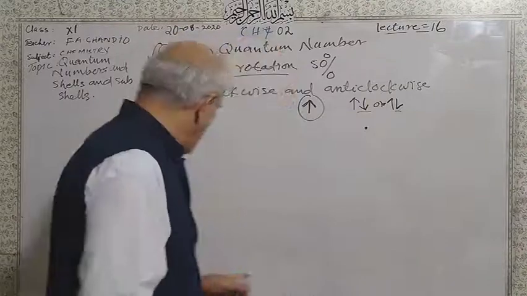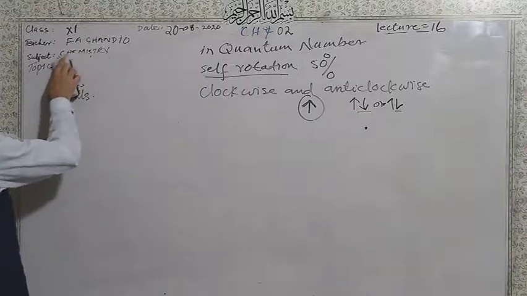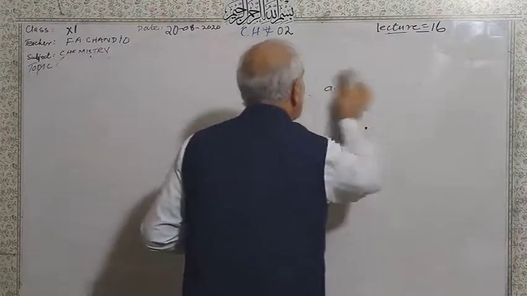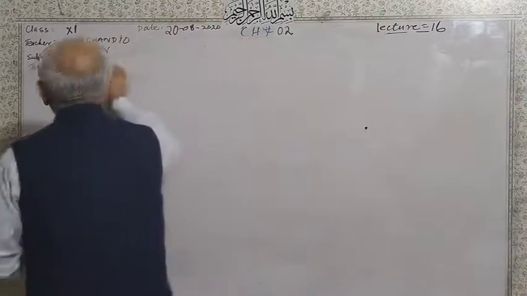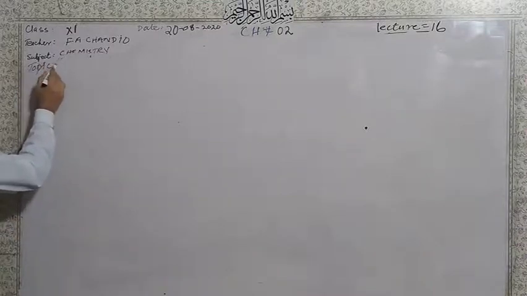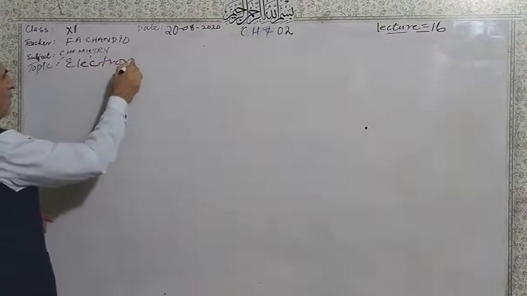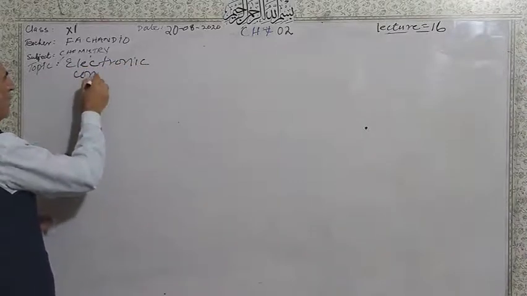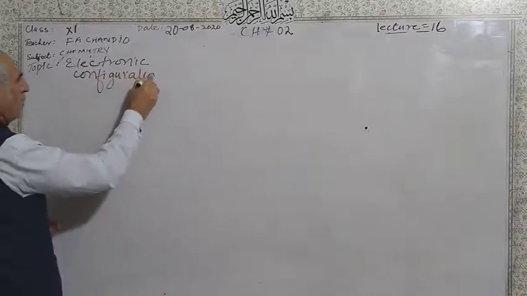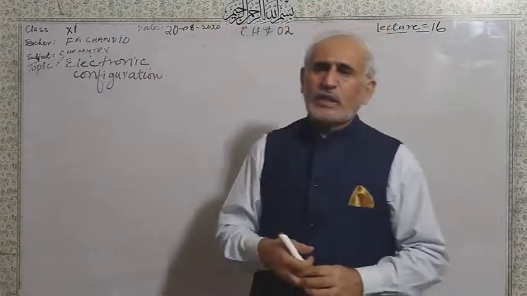Now students, you have done the electronic configuration in grade 9. In grade 9 there are two types of electronic configuration.